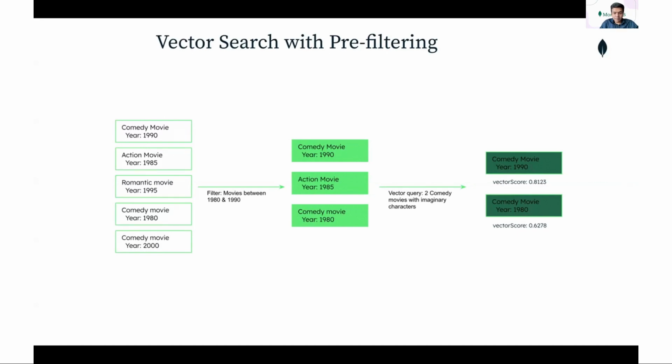And pre-filters will be powered by an exact date search that MongoDB provides, such that you're able to get a subset of these results, a subset of this graph, which is only movies in the 1980s and 90s, followed by doing your vector query for comedy movies with imaginary characters. That's where the power of large language models is leveraged to get to the final result set, which follows all the criteria.